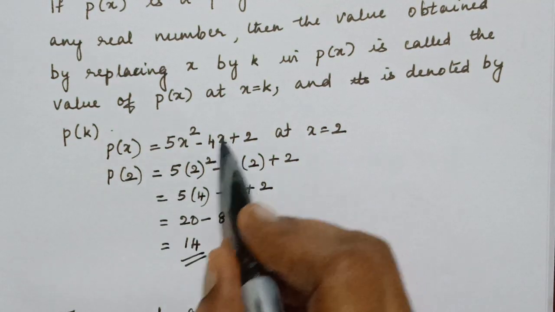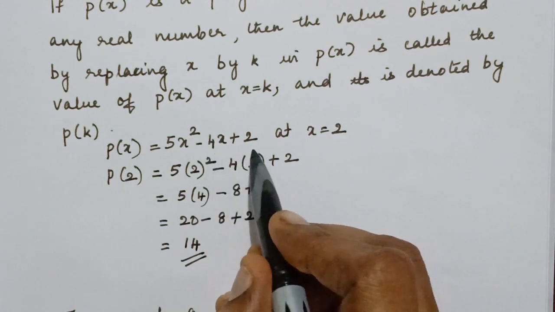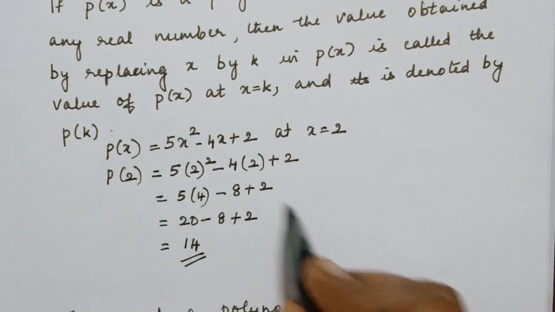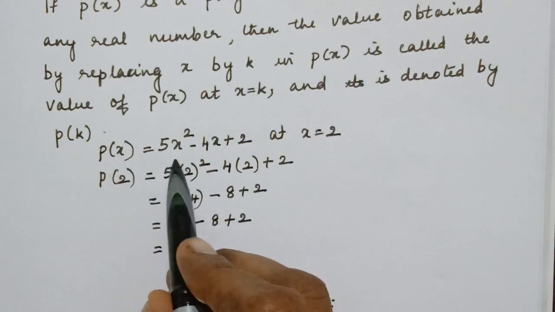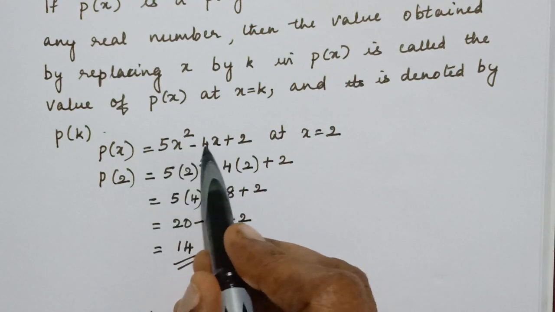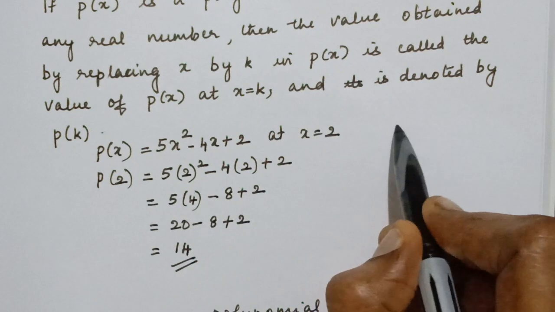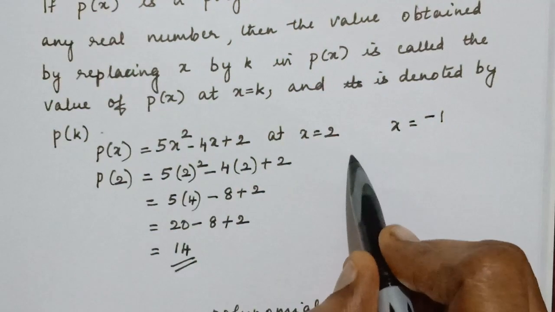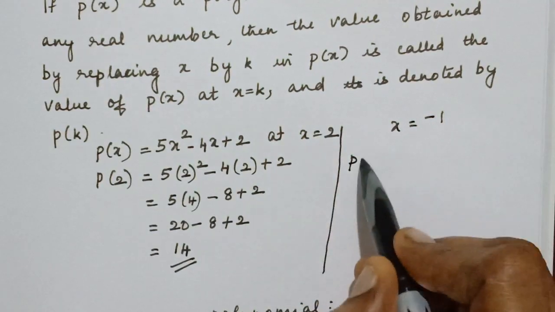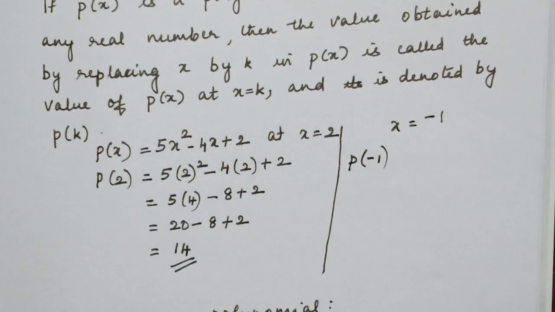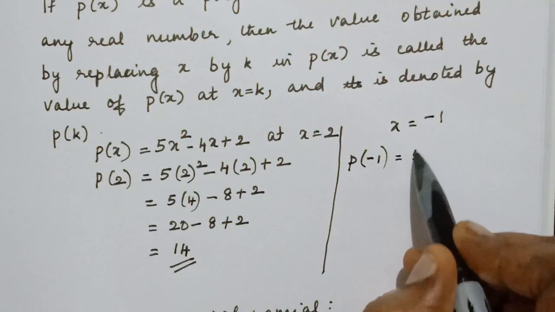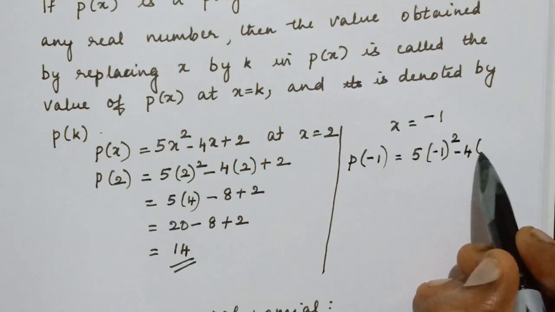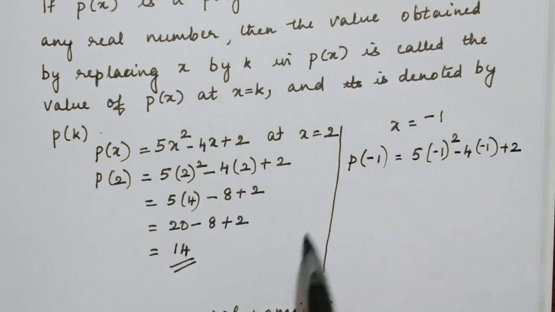Now one more thing we can notice: we get different values of p of x for different values of x. Suppose I am saying, what is the value of p of x, the same 5x squared minus 4x plus 2, at x equal to minus 1? So instead of x we have to substitute minus 1, which is equal to 5 into minus 1 squared minus 4 into minus 1 plus 2.